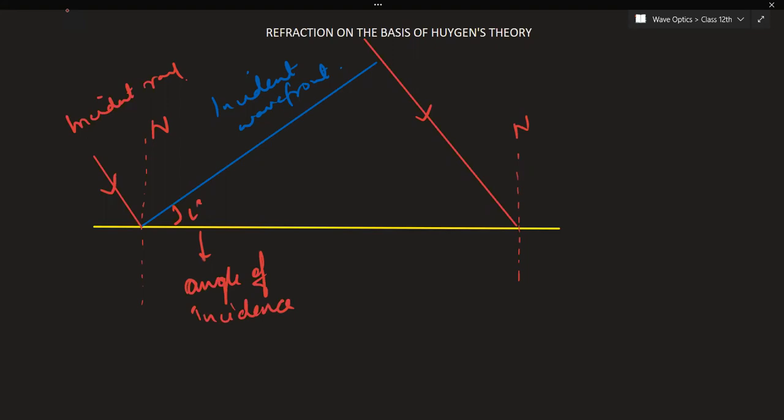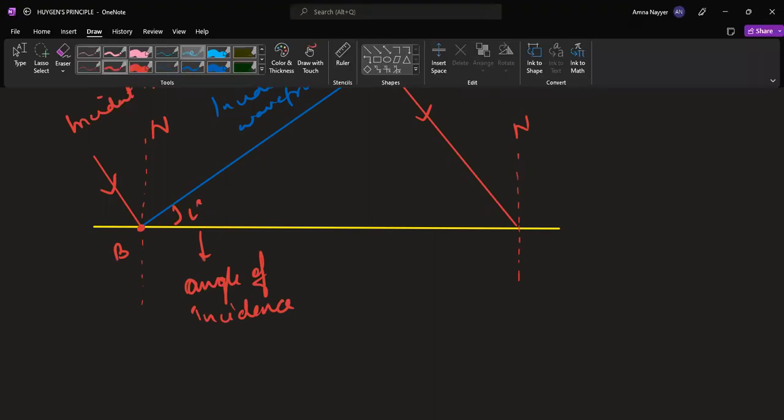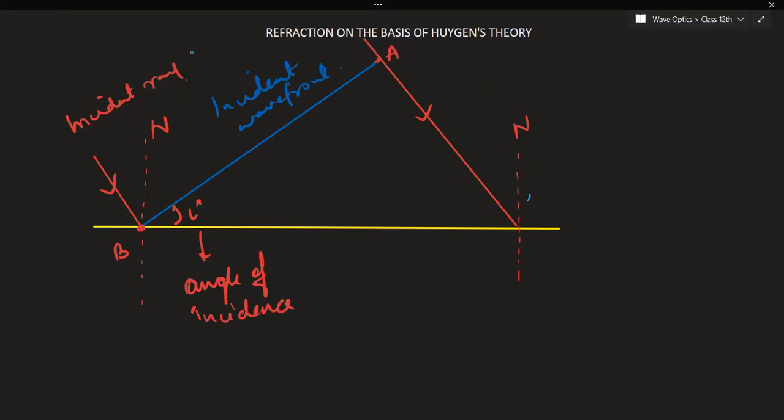Now what will happen? See, this is one point, let's say B, and this is one point, let's say A. For point A, if you see and draw, here you will obtain a secondary wavefront. This point will act as a source. Here you will obtain a wavefront perpendicular to this incident ray. Right. Now your point is here.